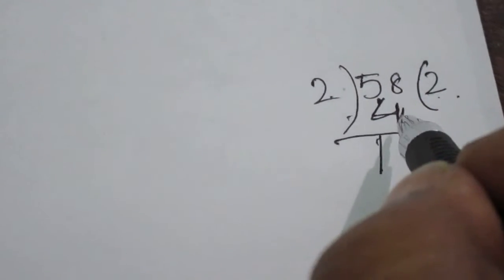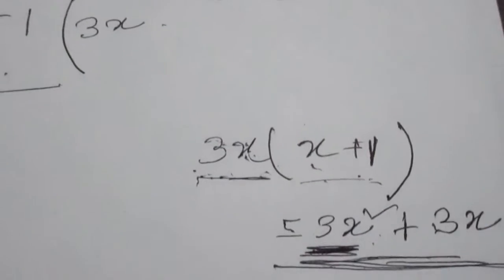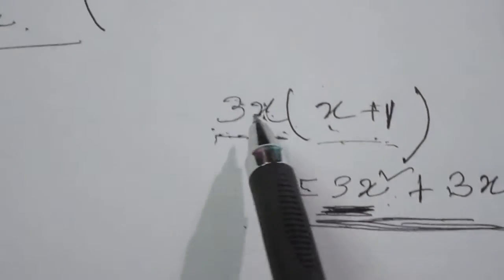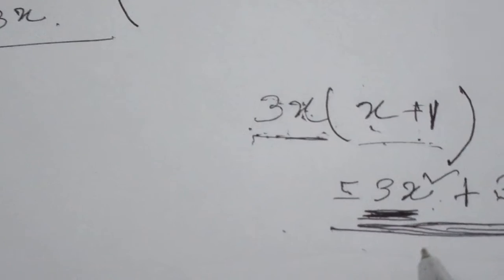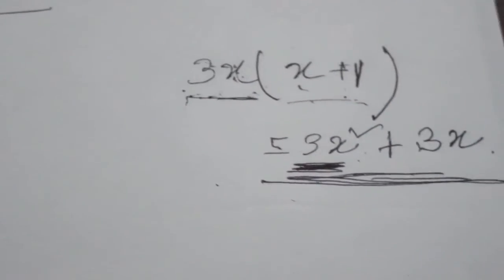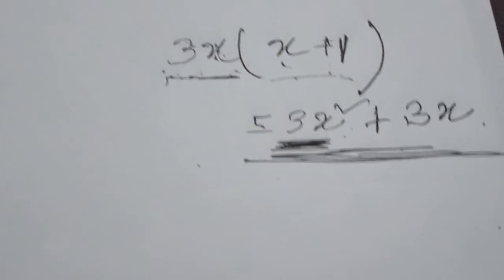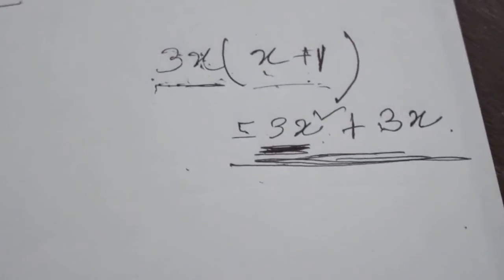In the same manner, I have written thrice x into x plus 1 will give me thrice x square plus thrice x. So it is similar to our simple division of numbers also.